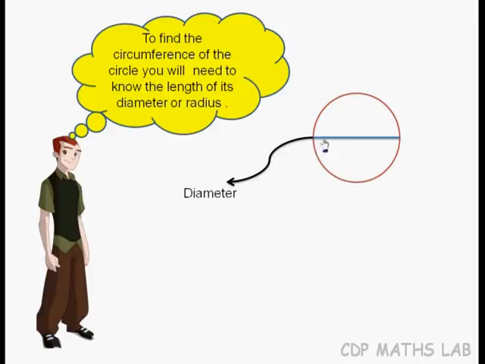Now, this blue line is called the diameter of the what? Circle. And the diameter basically cuts the circle in two equal what? Halves.